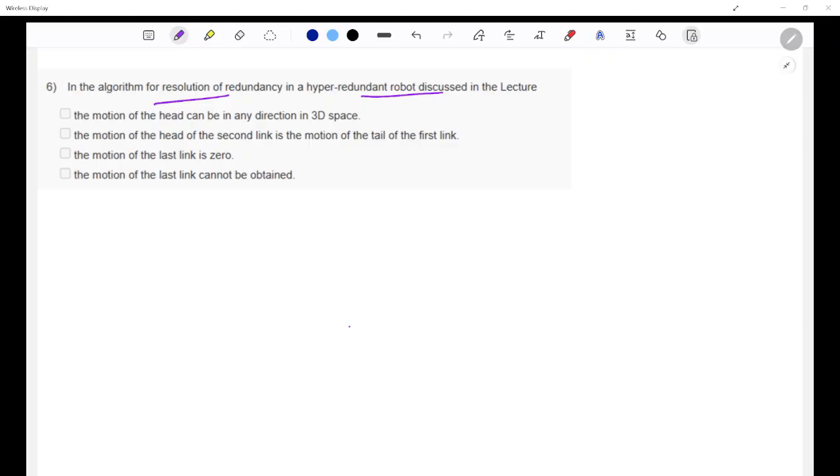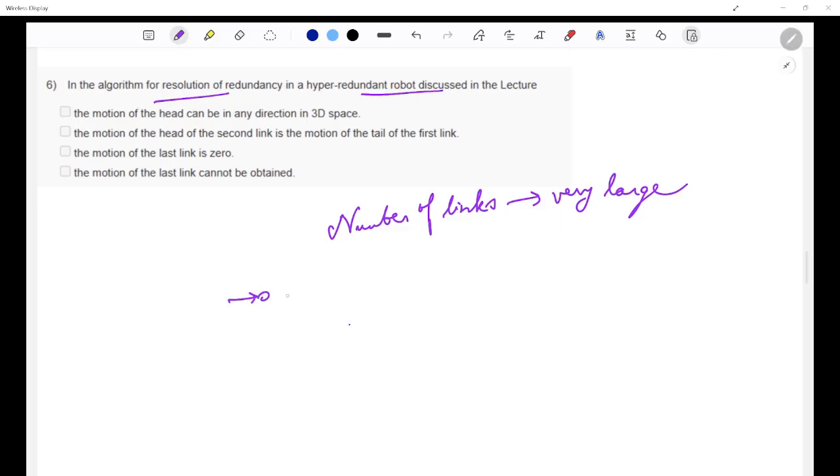So, in hyper redundant robots, the number of links is very large. For example, snake robots, tentacle robots, octopus robots, continuum manipulators. So they have a head and then there are a couple of links.